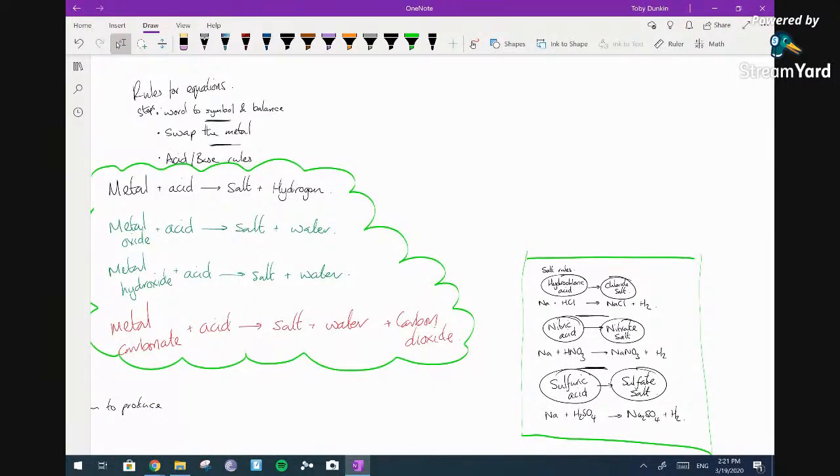And I'm going to post on the classroom a whole load of word to symbol questions that you guys can use these rules on. Please just apply them. Try applying them first with the rules in front of you, then applying them without them in front of you. And I'll post 2 sets of questions so that you guys have got plenty of practice.